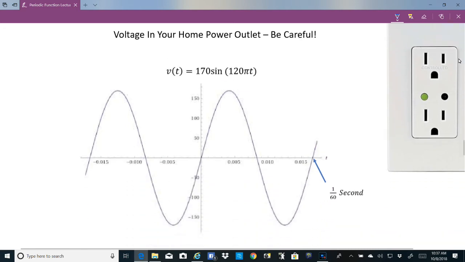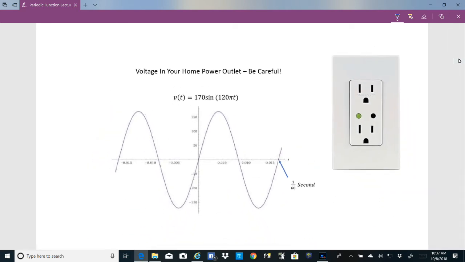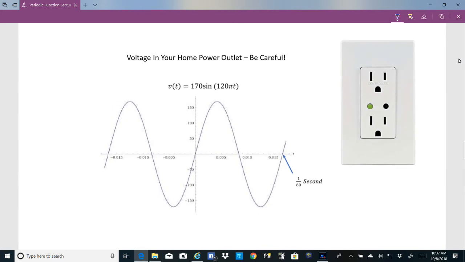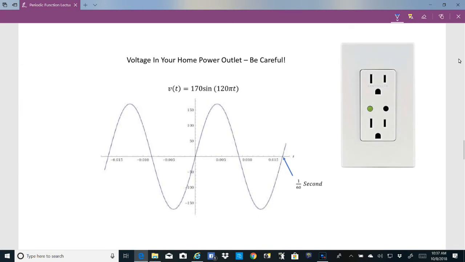Now, look at some practical examples of sine waves and cosine waves. You have to look no further than your dorm room or your home, and you will see a socket where you plug in appliances and so forth, and the waveform might be v of t equal 170 sine of 120 pi t.